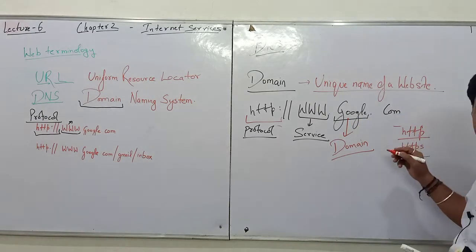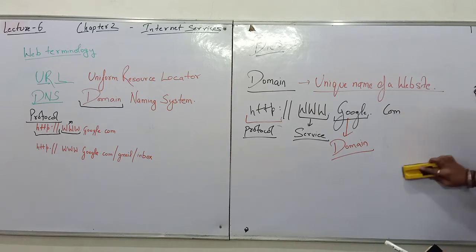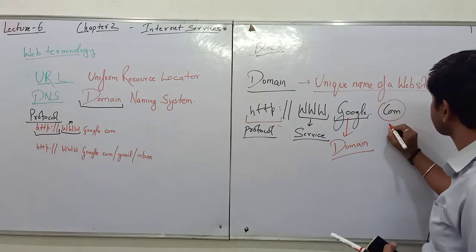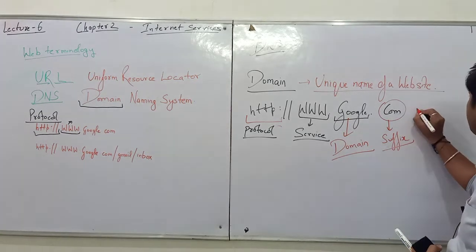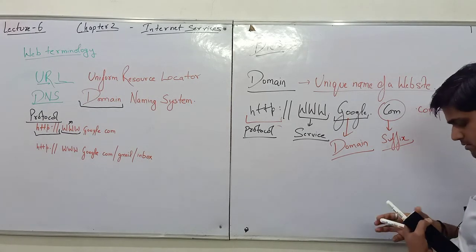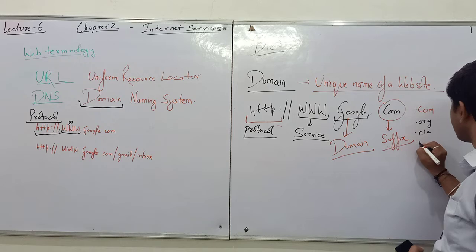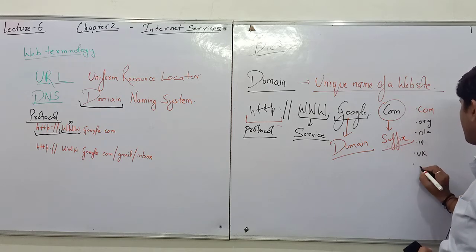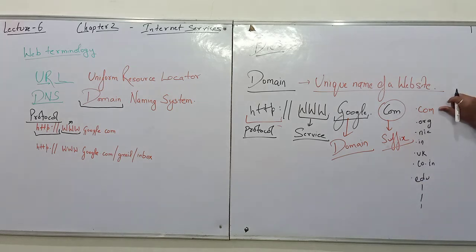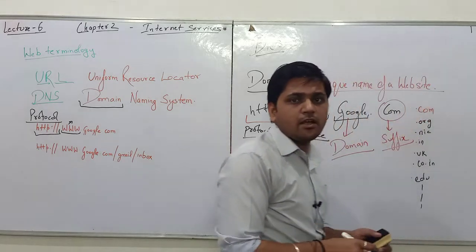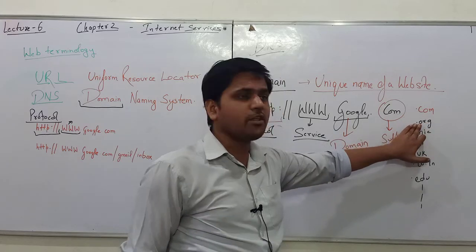Now .com, .in, .org, let me write it here properly. This is known as the suffix, or you can say extension, means .com, .org, .nic, .in, .uk, .co.in, .edu, and many more. .com means whenever you make a commercial site in which you are going to sell or purchase a thing, you use .com. .org means any organization site.